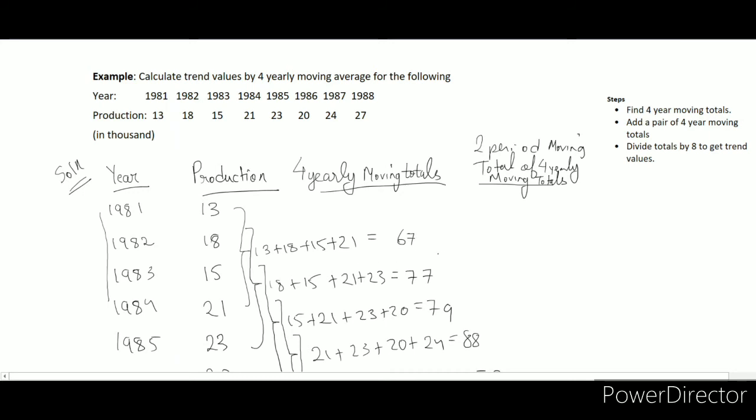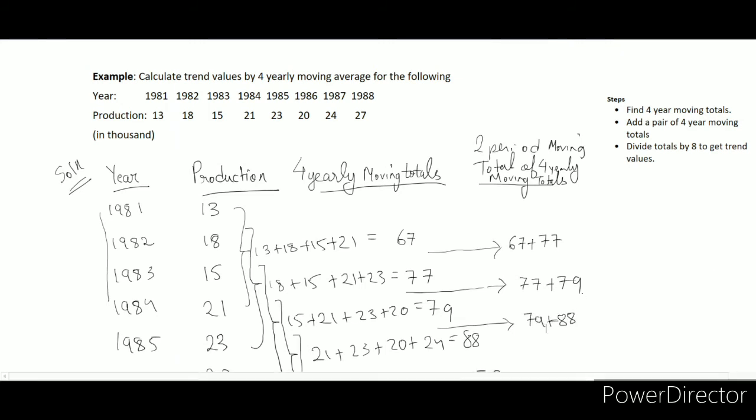So over here, 67 plus 77, and the next pair, this will be assigned to year 1984, 77 plus 79. The next pair, the year 1985, 79 plus 88. So now we're able to center.